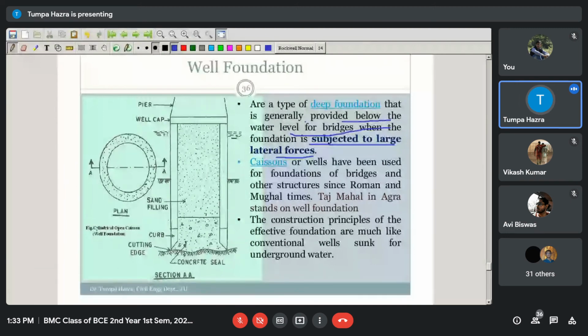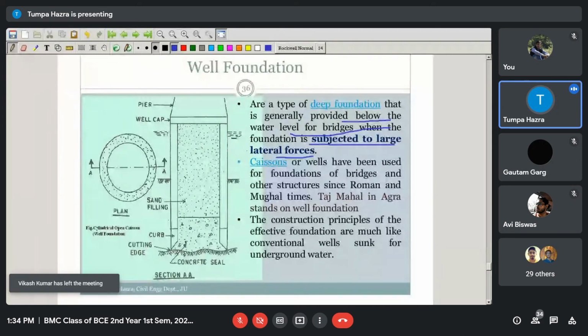So this type of foundation is known as a well foundation. And this type of foundation has been very common from ancient times. For example, different Roman structures or different Mughal structures like the Taj Mahal are constructed above well foundations.